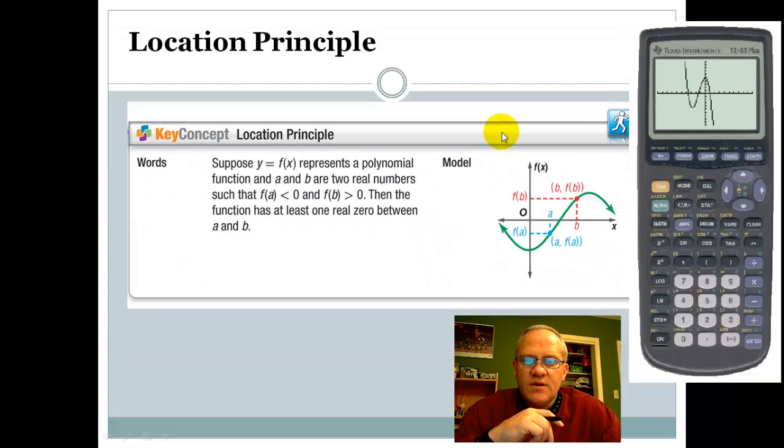All right, next is the location principle, okay? This one, from this thing that they've got from the book here, makes it look really complicated. But basically all it means is if you've got this point B right here and the y value is positive, and this point A down here, the y value is negative, when it changed from a negative to a positive or vice versa, that means there's a 0 somewhere in between there, and we've talked about that before.